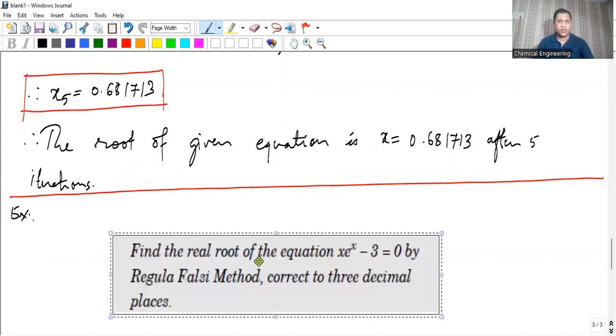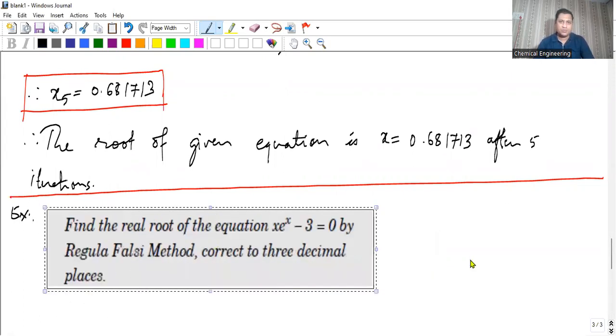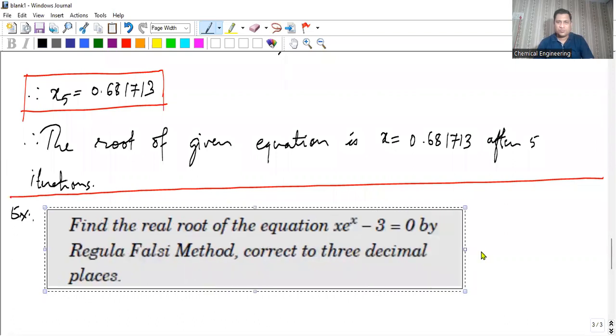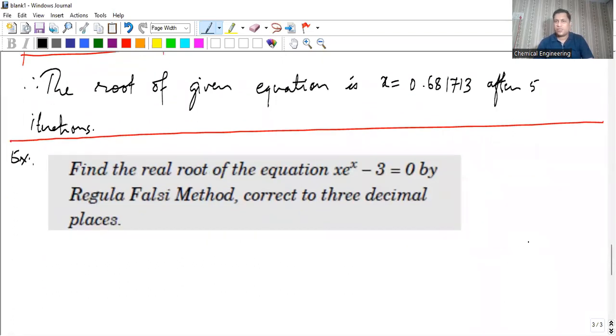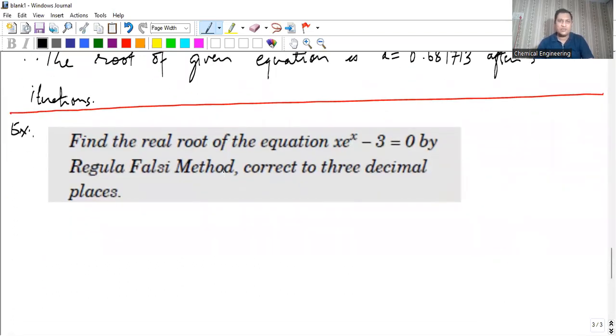I hope you are able to see this example. Are you able to see this? Yes, sir. So here in this example, it's mentioned that we have to find the root correct to 3 decimal places. Earlier it was not mentioned. So let's go with the solution.